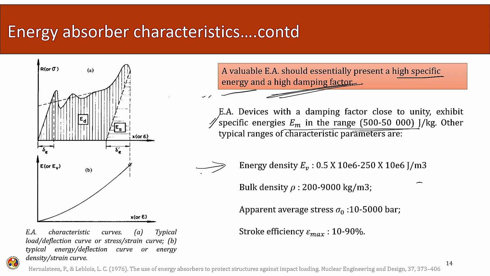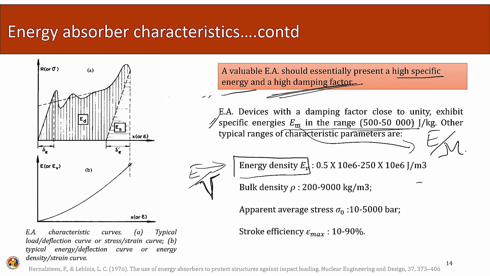Other typical ranges of characteristic parameters are some of the commonly available ranges. Energy density, EV: when we talk about the energy density, we divide by the volume, whereas when we use specific energies, we divide the energy by the mass. If the damping factor is close to unity, it means that the total energy in the system is dissipated.